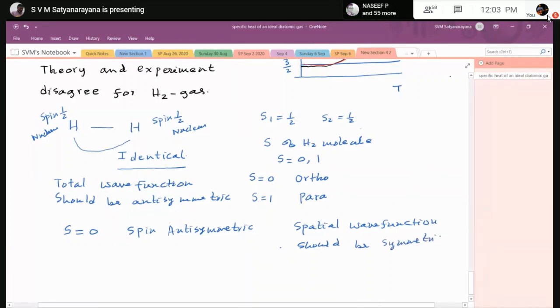On the other hand, if you take S is equal to 1, then this spin state is symmetric, a triplet state. So spin symmetric, and that implies that your spatial wave function should be antisymmetric.